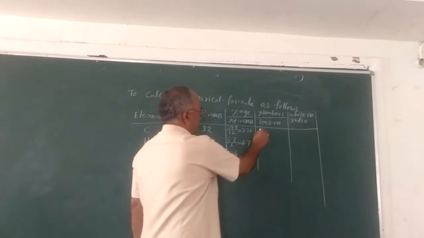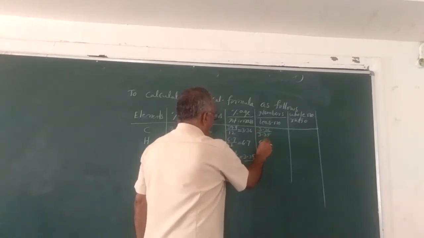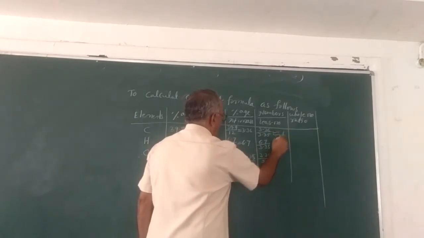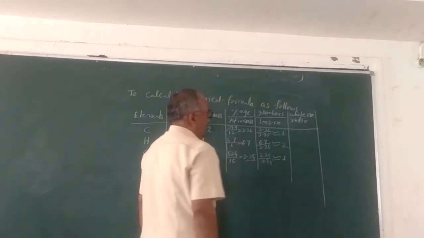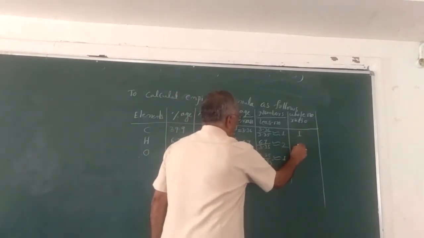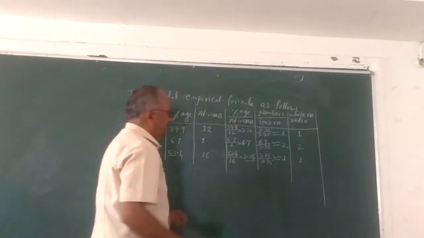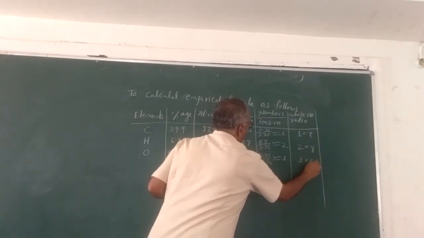We can divide it. 3.36 divided by 3.35, 6.7 divided by 3.35, 3.35 divided by 3.35. So you will get nearly 1, this is 2, this is 1. So therefore the whole number ratio is 1 to 2 to 1. This is X, Y and Z.